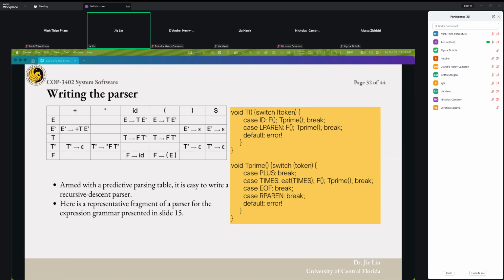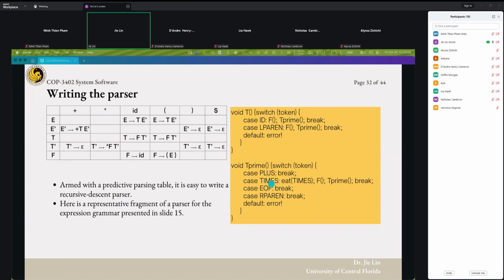For the function T prime, it manages the continuation of a term. When the lookahead is the multiply symbol, it consumes, eats the multiply symbol, calls F, and recursively calls T prime again. Otherwise, if the lookahead is a plus symbol, right parenthesis, or end of file, it will apply epsilon.